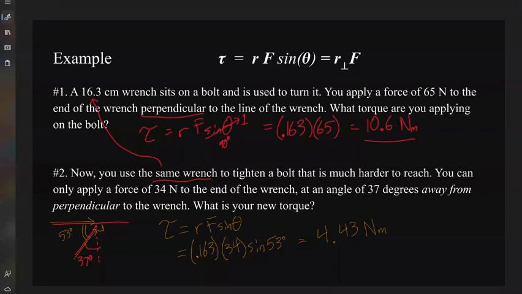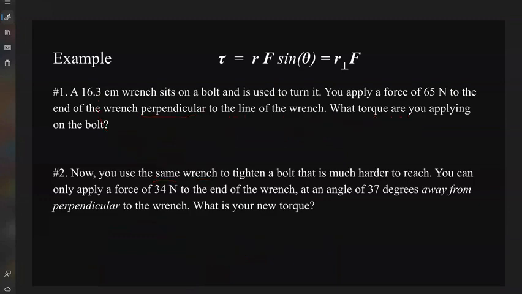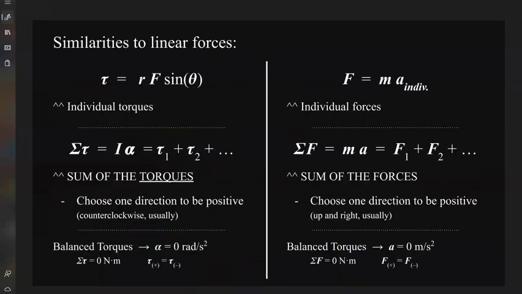All right, 4.43 Newton meters. Moving on. To show some similarities here to linear forces, for an individual force, we can do the mass times whatever the acceleration would be from that individual force, such as force of gravity is mass times the acceleration of gravity, g. Torque is similar. Now it's just that the angle gets involved a little bit too.